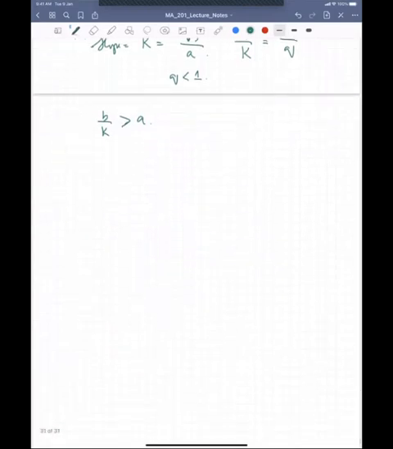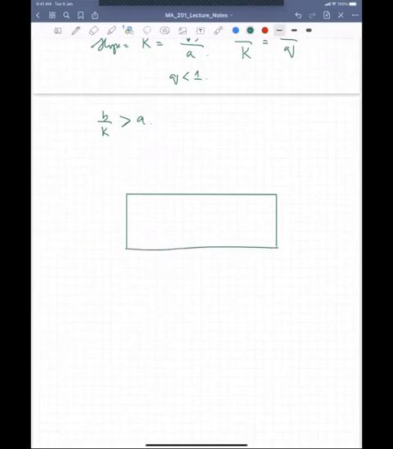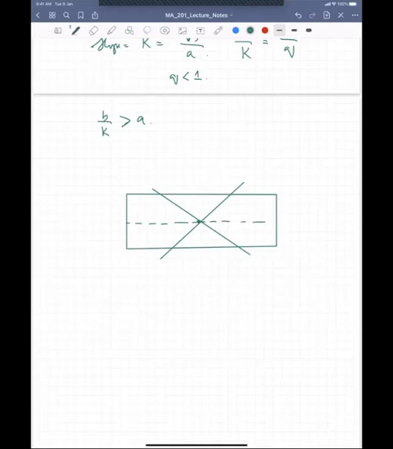But suppose you choose the rectangle incorrectly. What do I mean? Suppose you choose the rectangle like this. Let us say this is your x0, y0, and this line is plus k, and this line is minus k. What is the slope in this case?